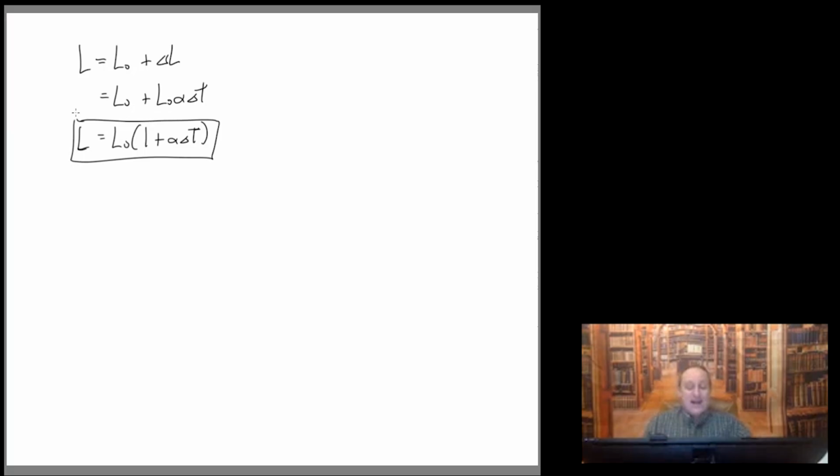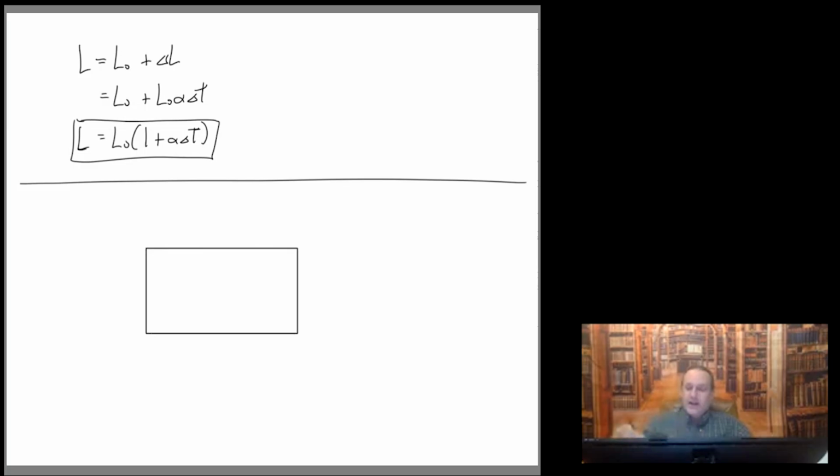And we can actually use this to see what happens to an area. Okay, so suppose we make an area and maybe it has a length and a width, an initial length and an initial width.